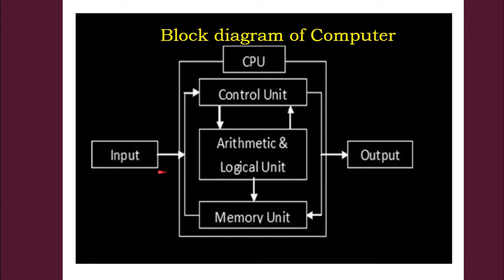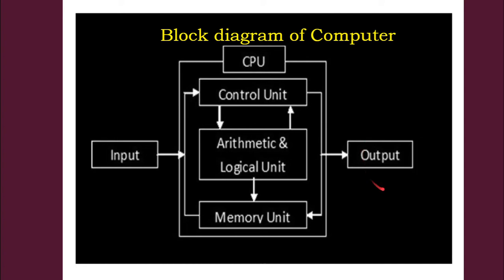Whatever input is received is stored in the memory of the system, and the arithmetic and logical unit takes the data from the memory unit and processes any operation that is meant to be processed. After processing, it has to convey the output to the user.